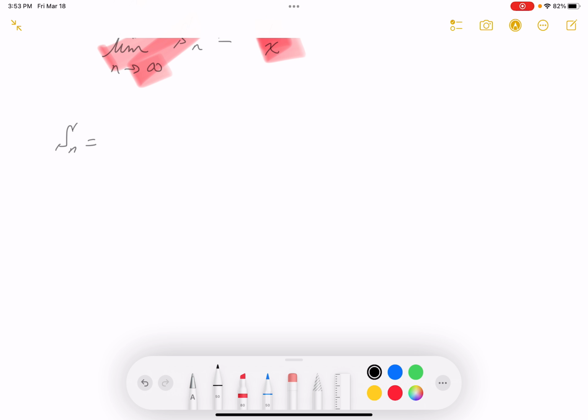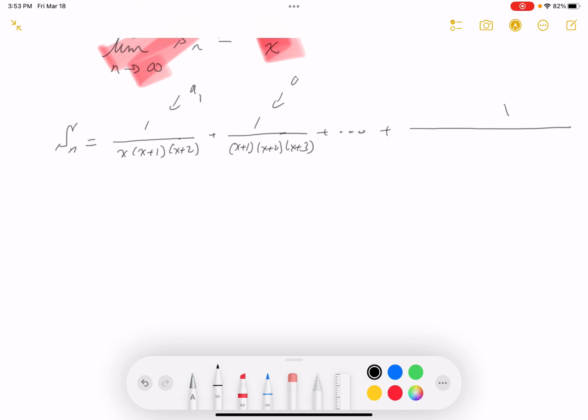Let me scroll to number 8, and I'll write down for you S_N. S_N equals 1, and then it's going to be x plus 1, x plus 2. The next term is 1, x plus 1, x plus 2, x plus 3, plus yada, yada, yada, plus 1. I want to point out this is A1, this is A2, and this is going to be A_N over here.